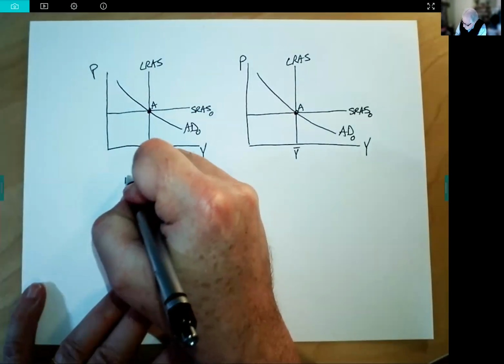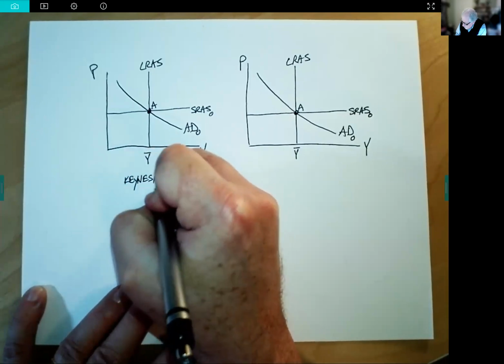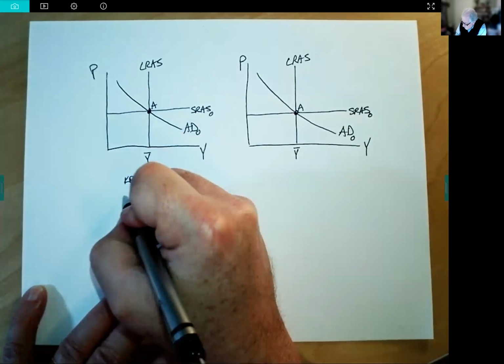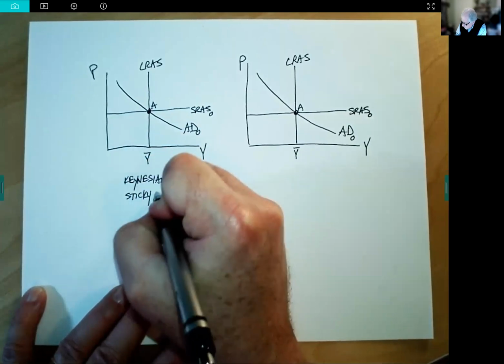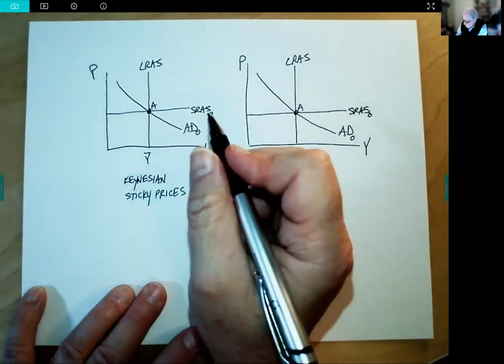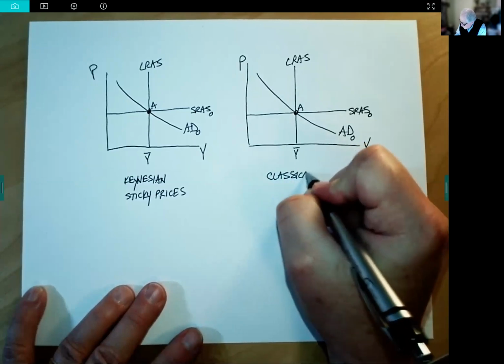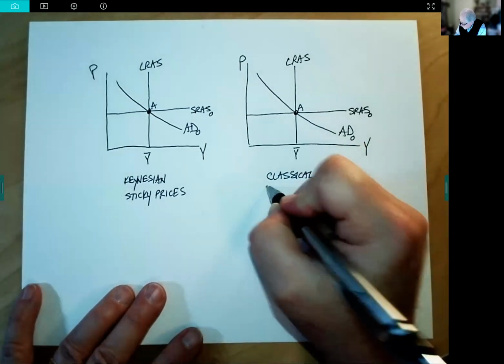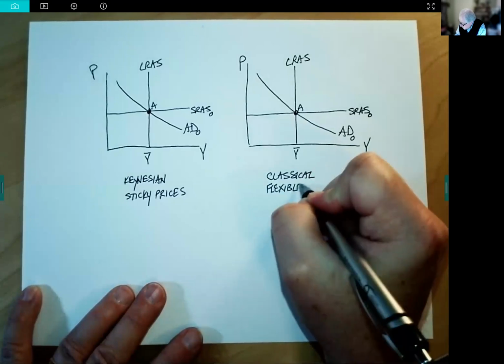If we're in the Keynesian model, we have sticky prices. If we're in the classical model, we have flexible prices. They adjust quickly.